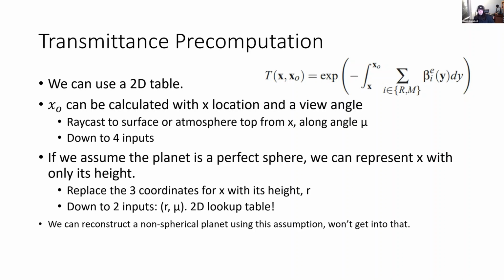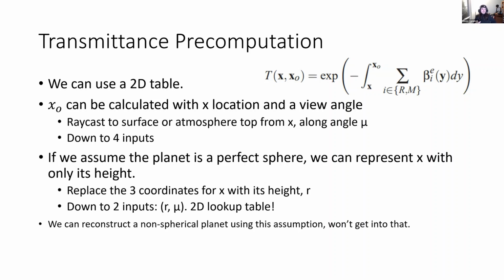But now you need to figure out your endpoint. And that is very easily determined by which direction you're looking. It's just a raycast from your point at an angle, figure out where it hits. So all you need to store is that angle. Because we're dealing with that sphere and all we need to know is the height, that's really just a single angle, the angle from straight up on the planet down to the ground.